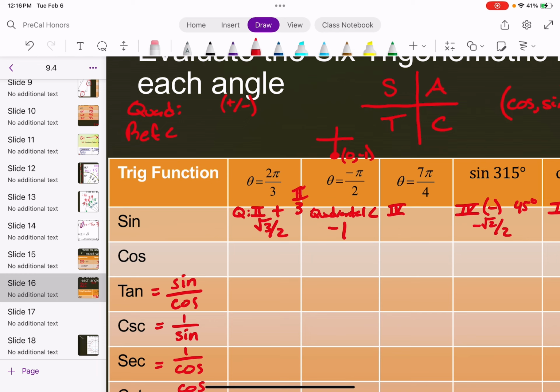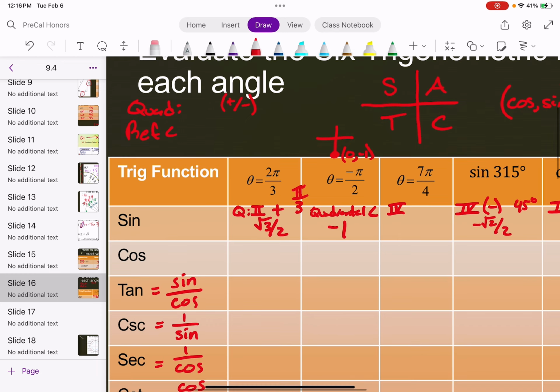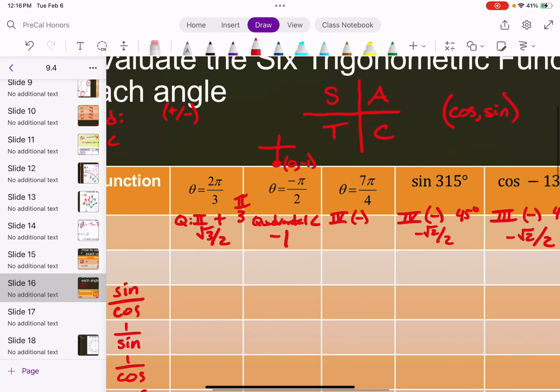From there, we mark that down as a negative. We take a look at our reference angle, which is going to be pi over 4.